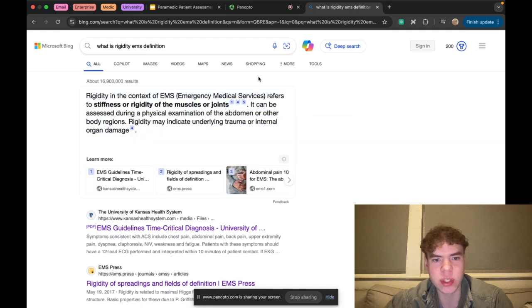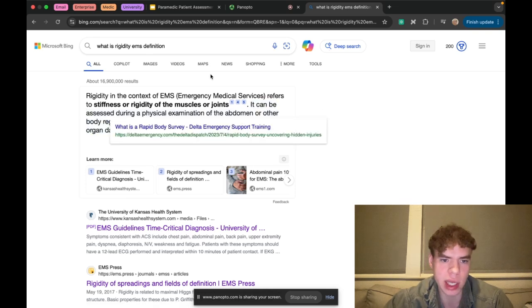Rigidity refers to the stiffness or rigidity of the muscles or joints. It can be assessed during a physical examination of the abdomen. Rigidity may indicate underlying trauma or internal organ damage.